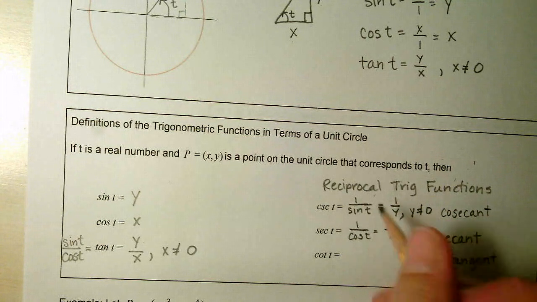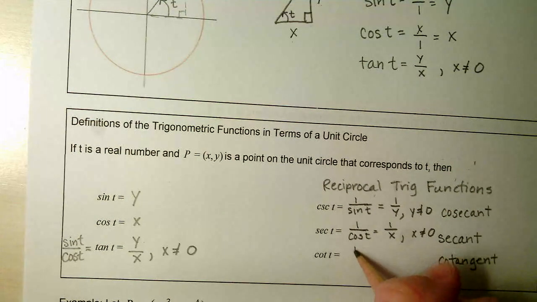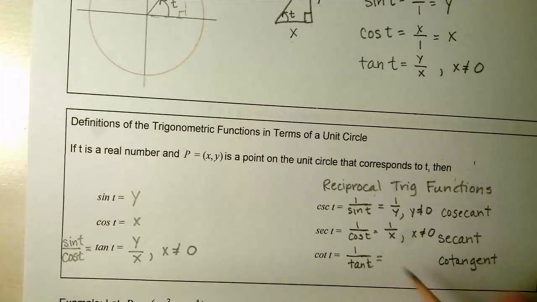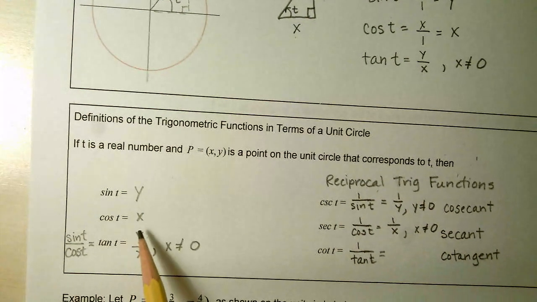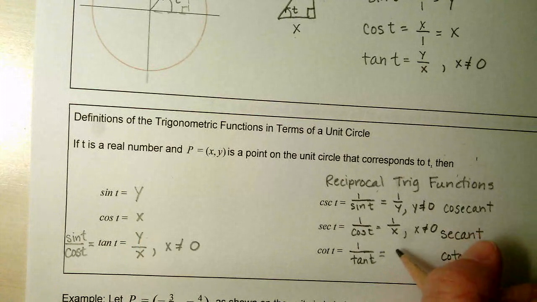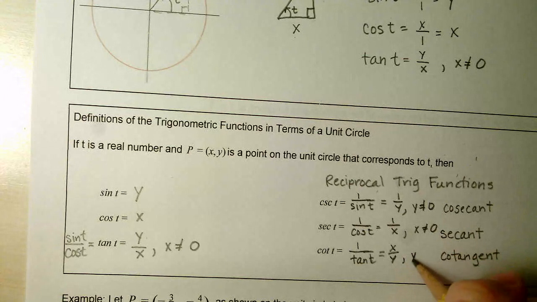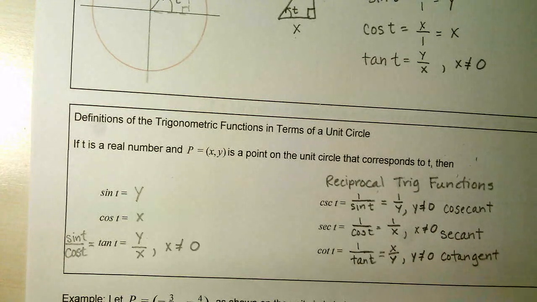Our cotangent is the reciprocal of our tangent, so 1 over our tangent. The reciprocal of y over x is x over y. And so it's important here that y is not equal to 0.